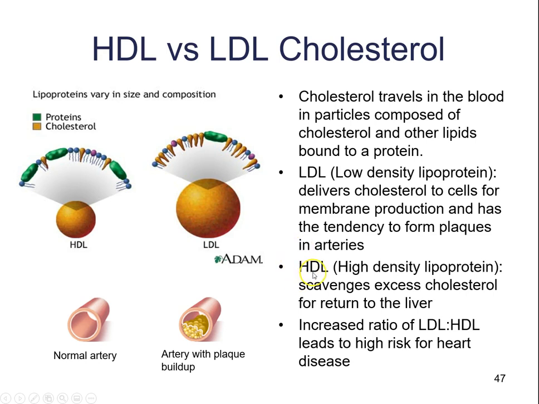On the flip side, HDL can scavenge excess cholesterol and return it to the liver to be broken down and destroyed, right? So that it doesn't accumulate. And so that's why we call the HDL the good cholesterol and the LDL the bad cholesterol. Okay, so like I said before, an increased ratio of LDL, meaning more LDL versus HDL, leads to higher risk for heart disease because this will happen.